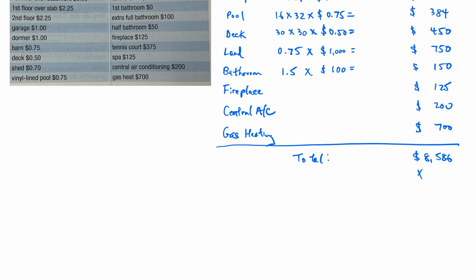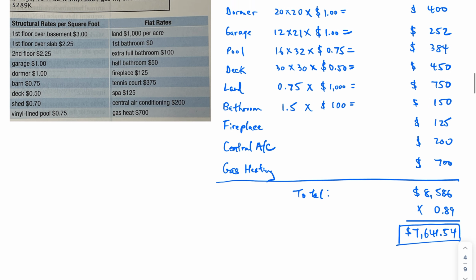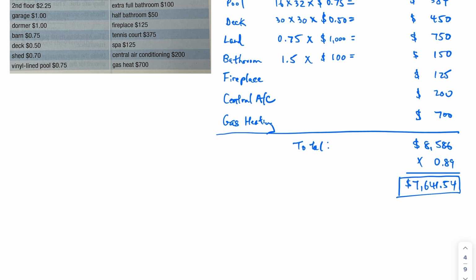So it's going to be multiplied by 0.89. And that's going to work out to $7,641.54. Okay, so this is how much the homeowners, Lisbeth and Jose, will pay every year based on the assessed value of the property.